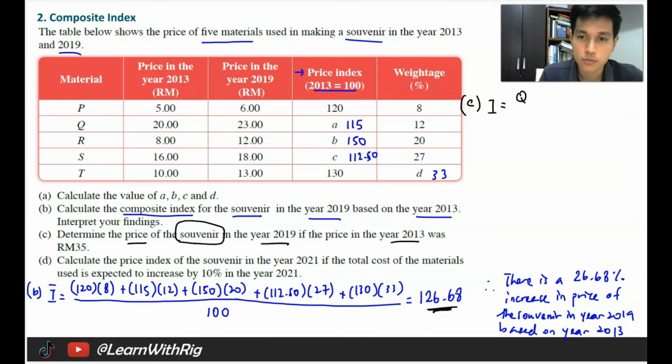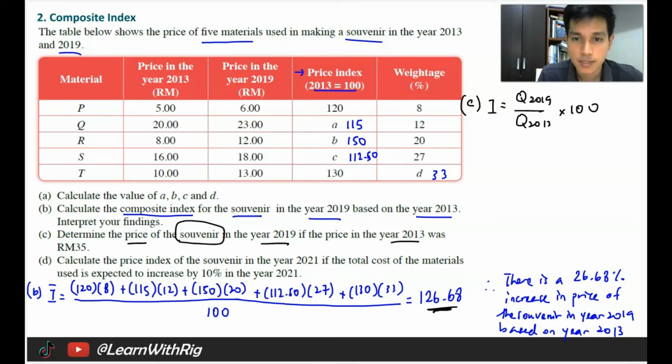So you're taking 126.68. So this composite index that you're taking is 2019 based on 2013, right? So when you calculate this one here, you have to also use 2019 based on 2013, okay, times 100.